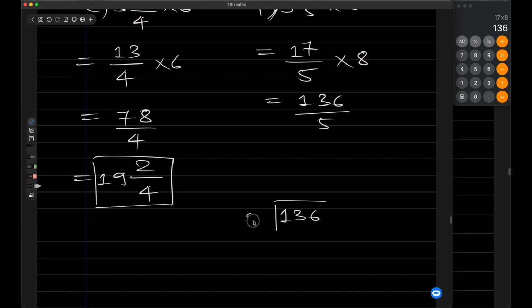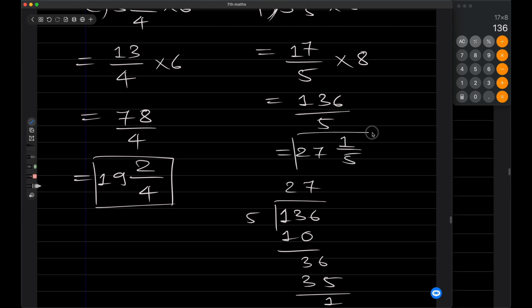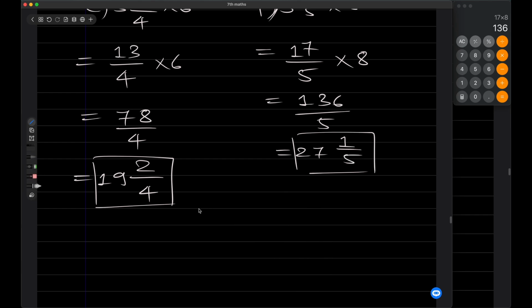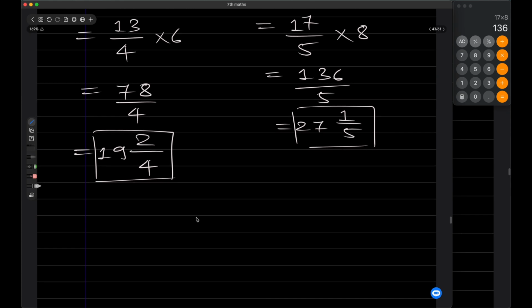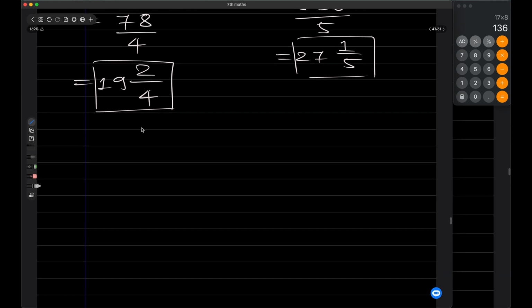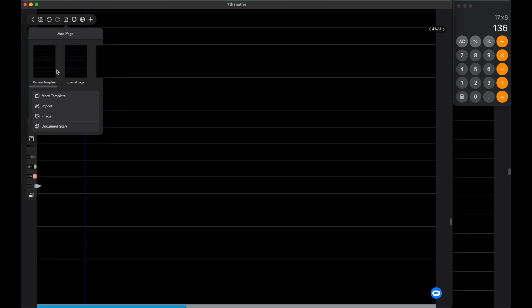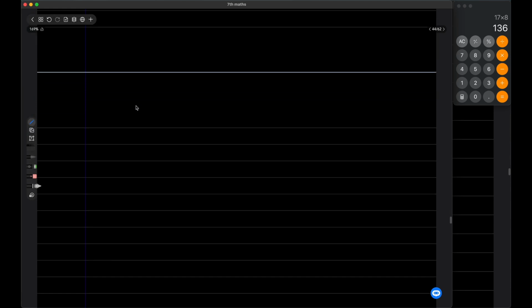Convert it into mixed fraction, we have 27 complete, 1 divided by 5. Now question number 7.